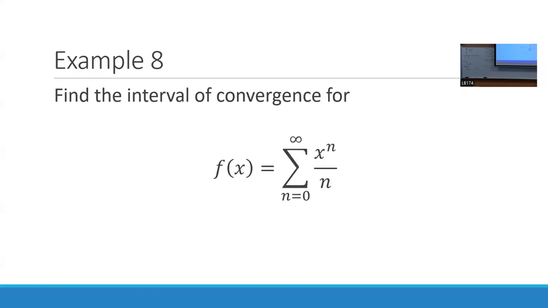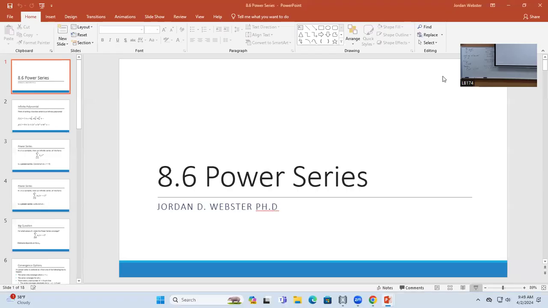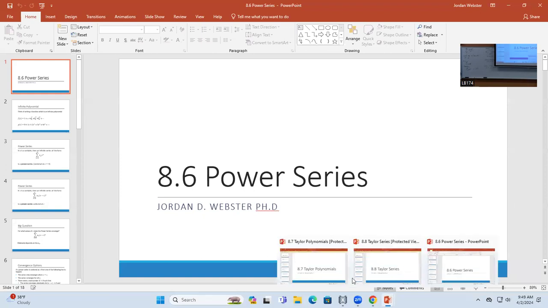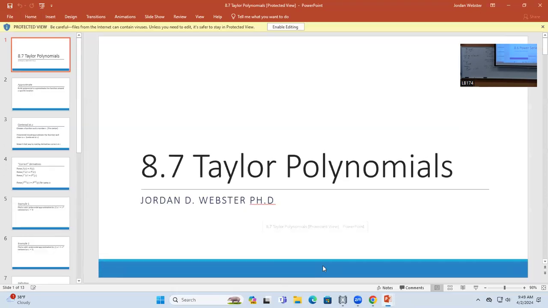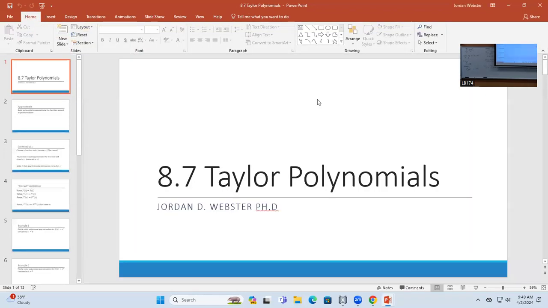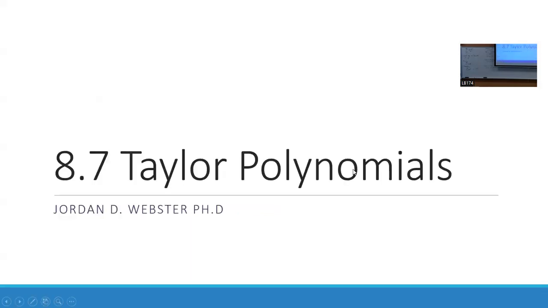Okay. So I'm not going to do that last example. I don't think that's necessary. And I don't ask questions about the interval of convergence of derivatives. It's an interesting observation.